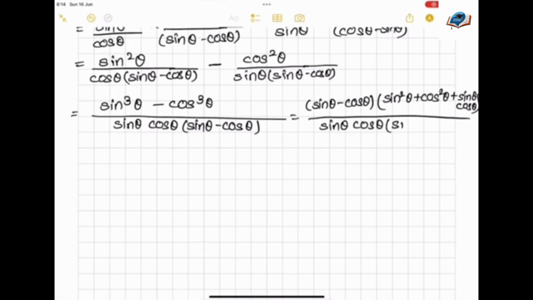So sin theta minus cos theta got cancelled, the whole bracket. So sin square theta plus cos square theta will be 1. So 1 plus sin theta cos theta whole upon sin theta cos theta.